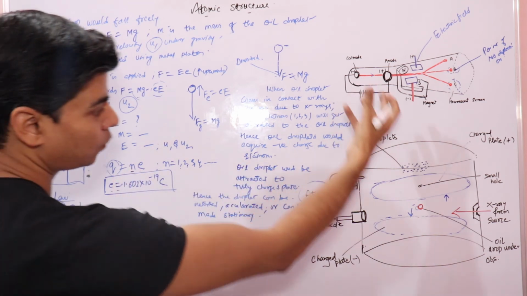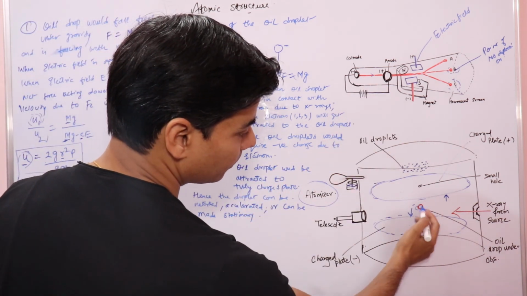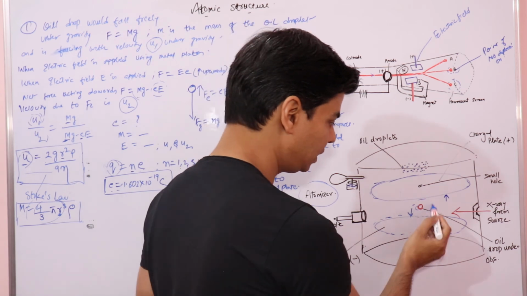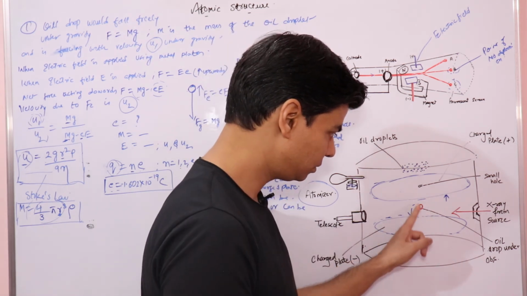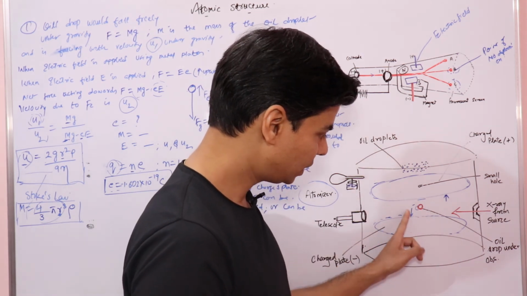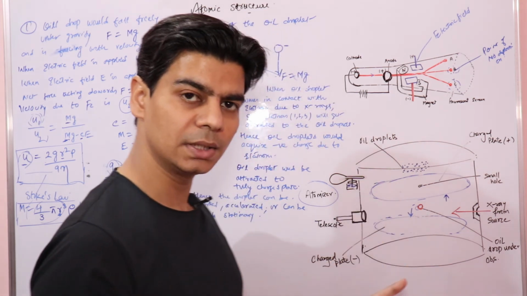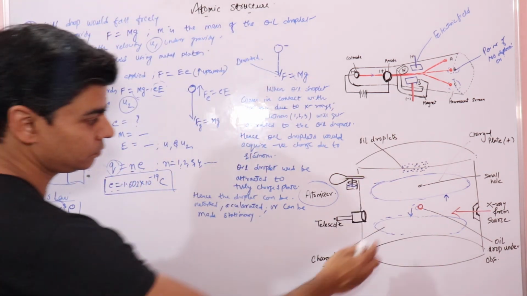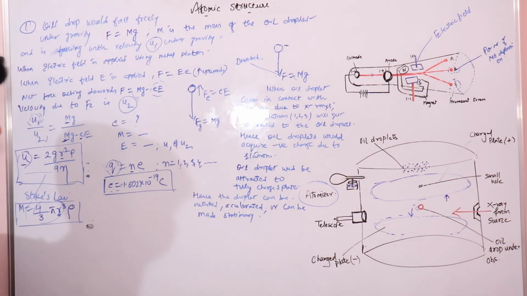When it is falling under gravity and comes into the region between these plates, it attaches 1, 2 or 3 electrons due to the ionized air in this region, right? So I hope this is clear.